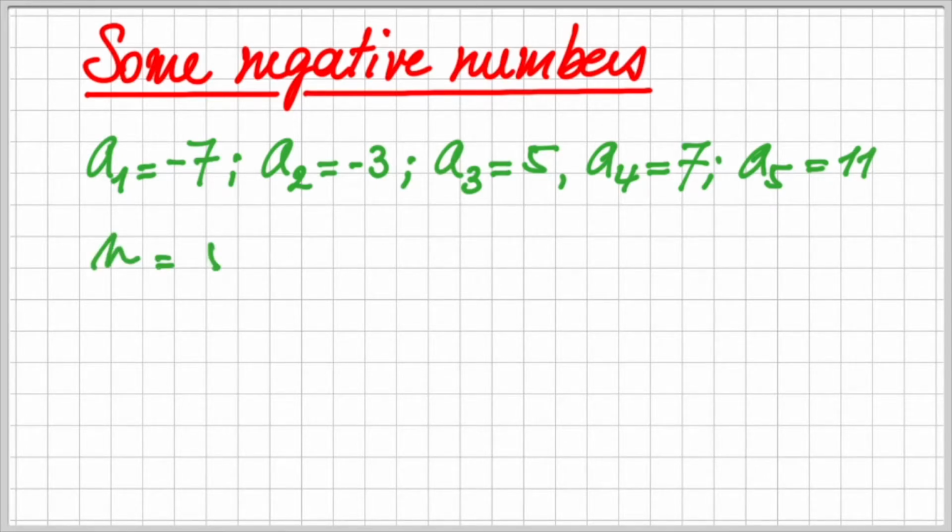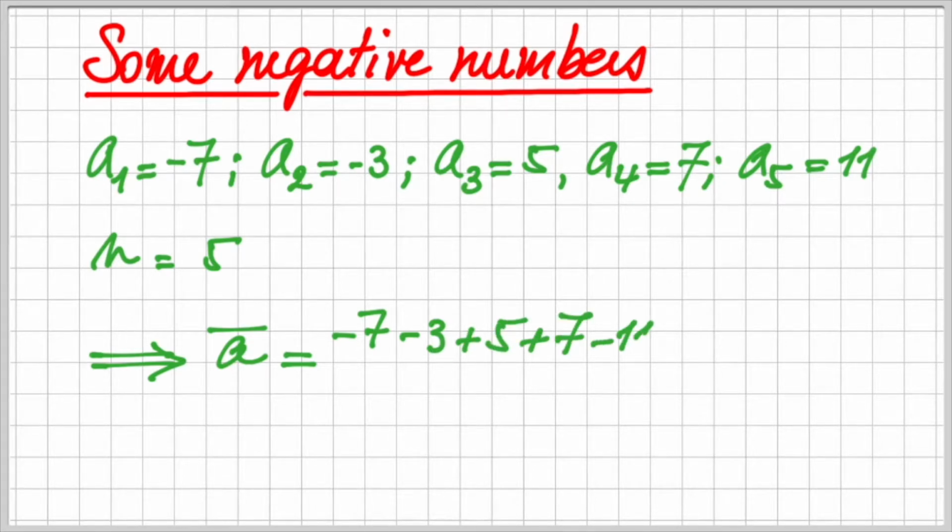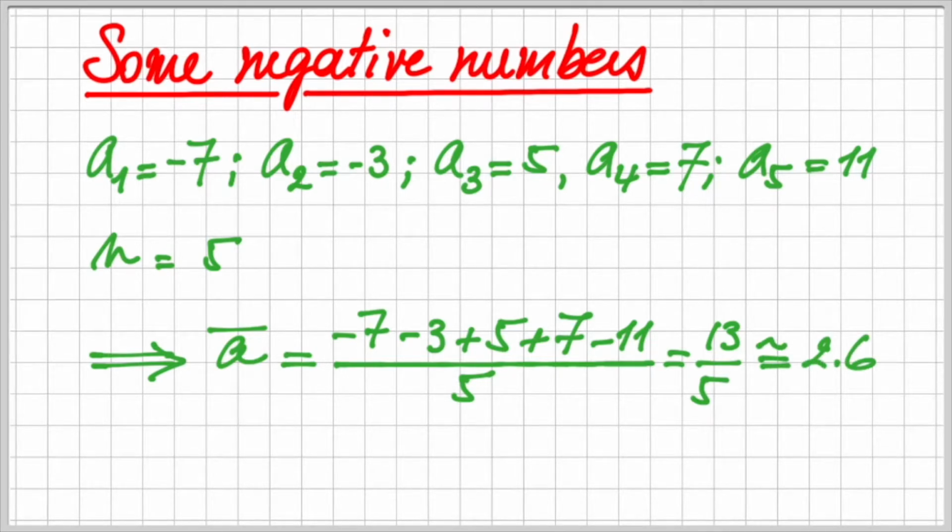We have 5 numbers, so n is equal to 5, and the average is the sum of all these numbers divided by 5. So I have minus 7 minus 3 plus 5 plus 7 plus 11, which gives a total of 13, divided by 5, which gives an average of 2.6.